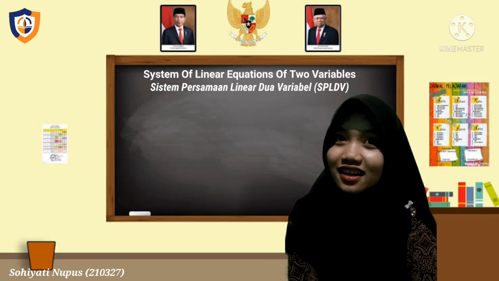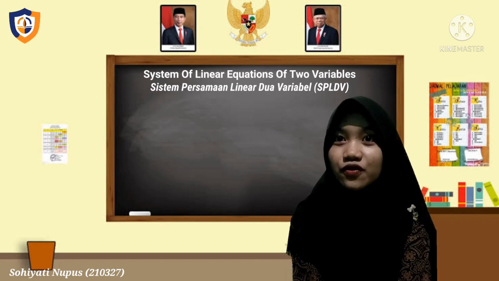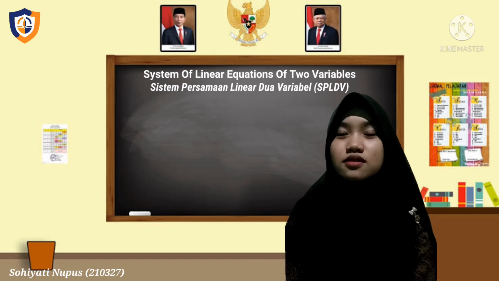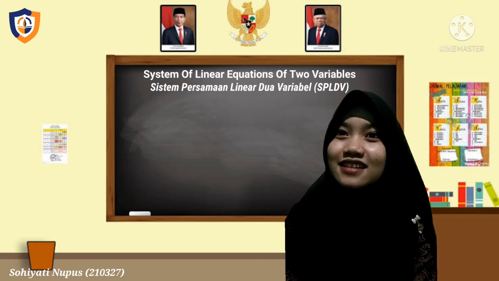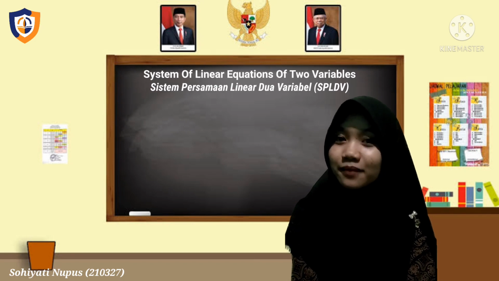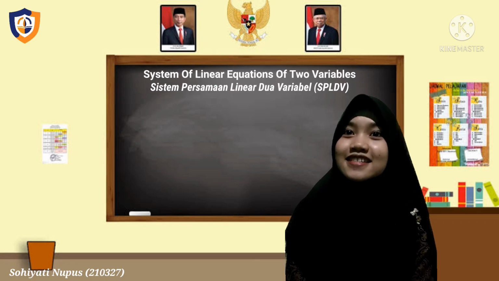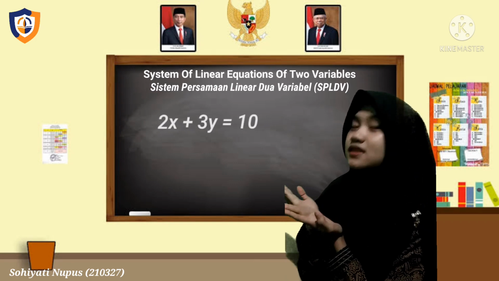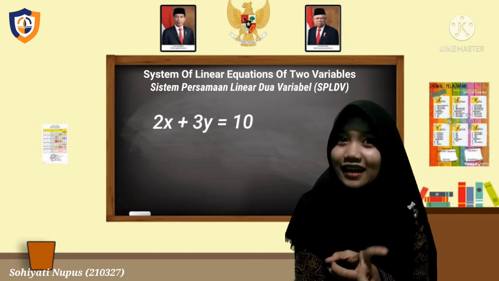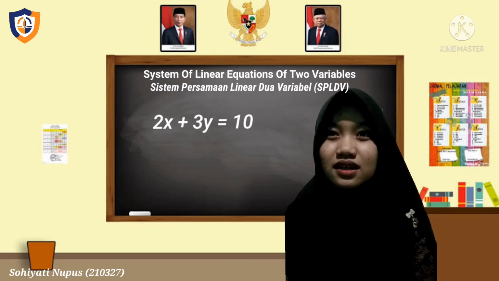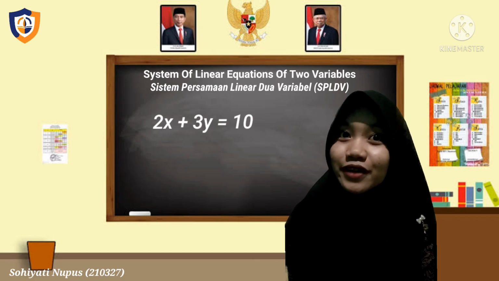Okay, the linear equation of two variables is an equation with an equals relation in algebra, having two variables with power of 1. For example, 2x plus 3y equals 10 is a linear equation of two variables.